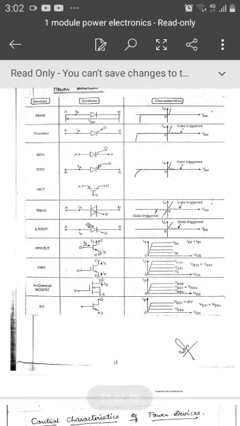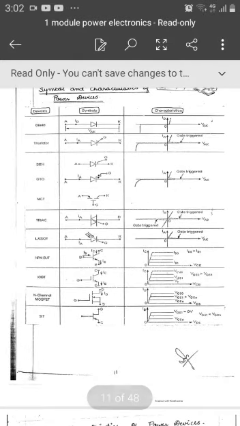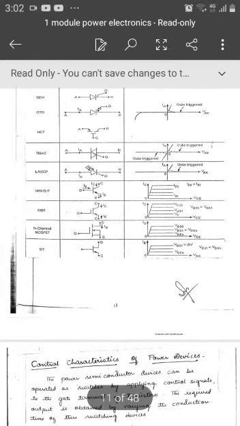Next one, MCT. MCT is the metal oxide semiconductor controlled thyristor. The MCT can be turned on by applying negative voltage to the gate, and it can be turned off by positive voltage.